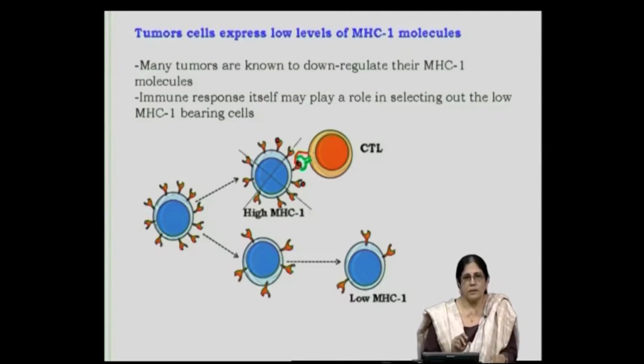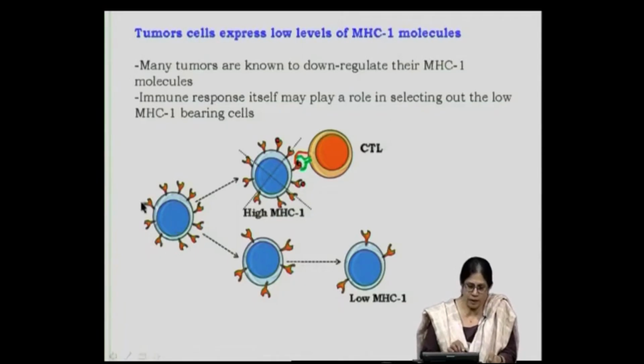It has been reported that tumor cells start down regulating their MHC molecules. What is shown in this picture is that the original tumor cell has the same number of MHC molecules which a normal cell would have. Now, of course, a tumor cell is usually larger, so by that logic one would have more class 1 molecules per cell.